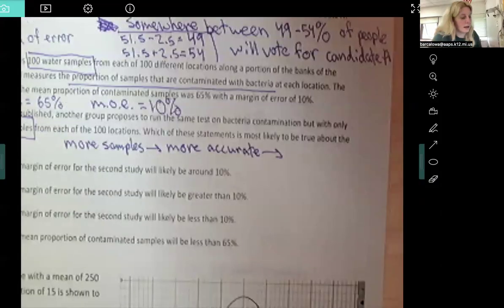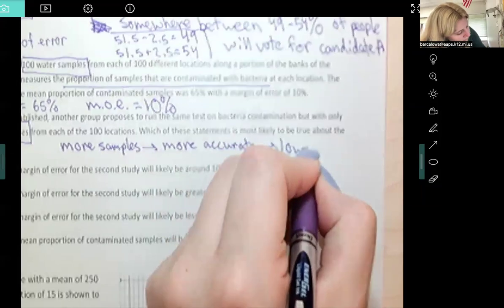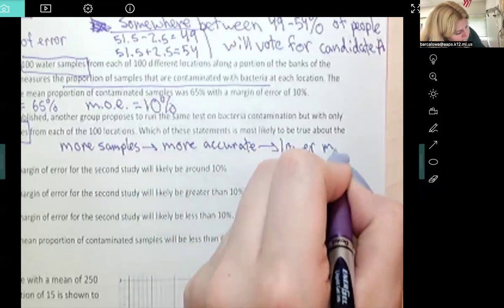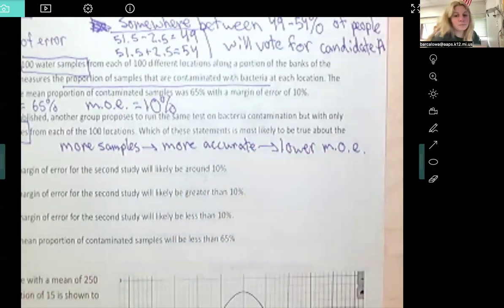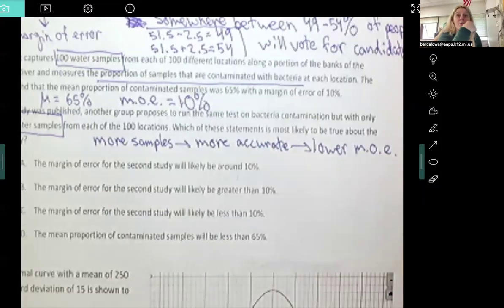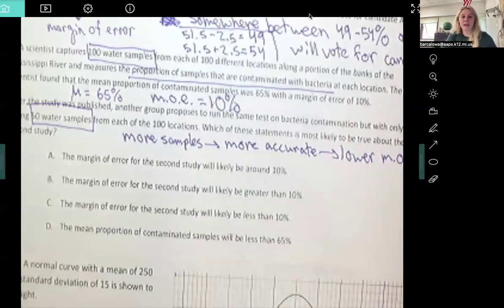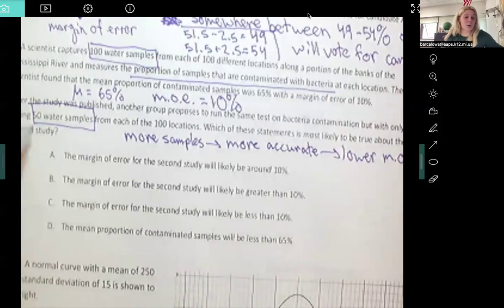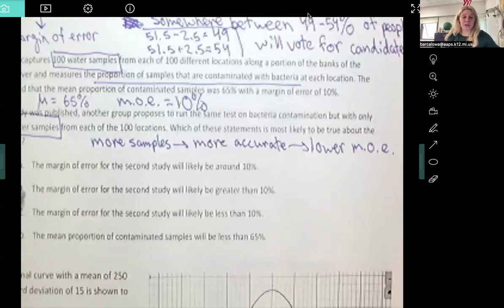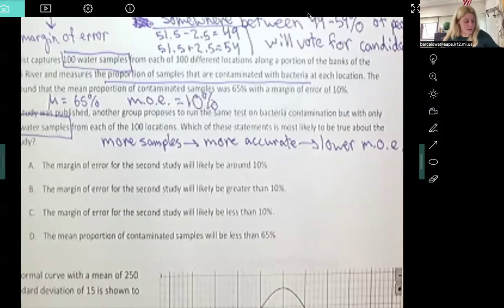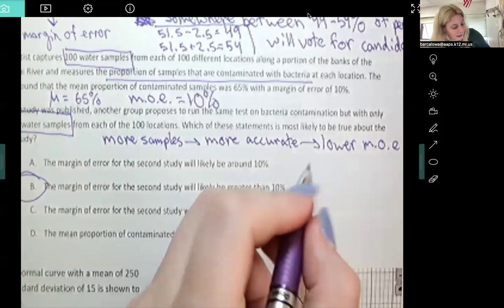So that would give me a lower margin of error. Okay, so this one is fewer samples. So that margin of error is going to be greater than 10 because it's going to be less accurate.